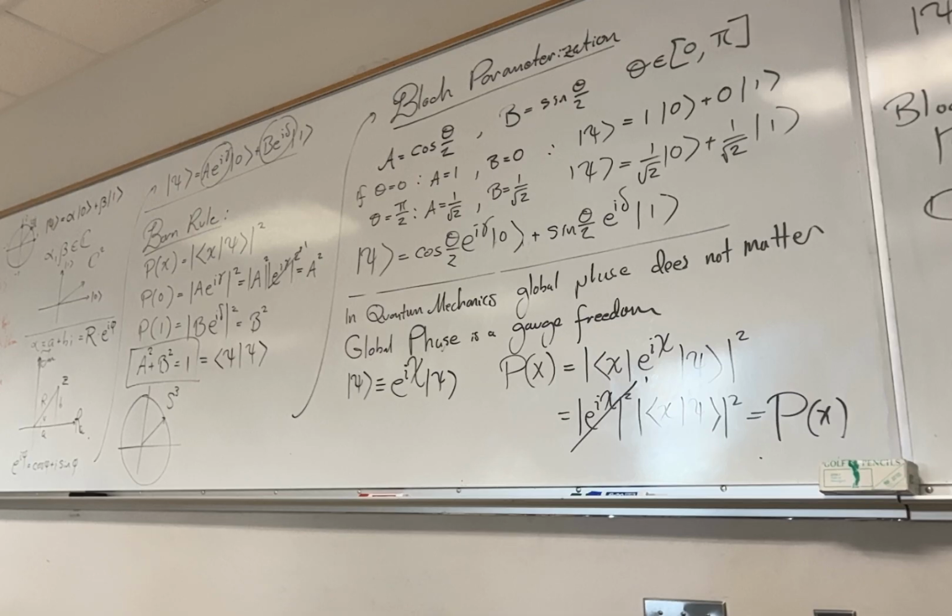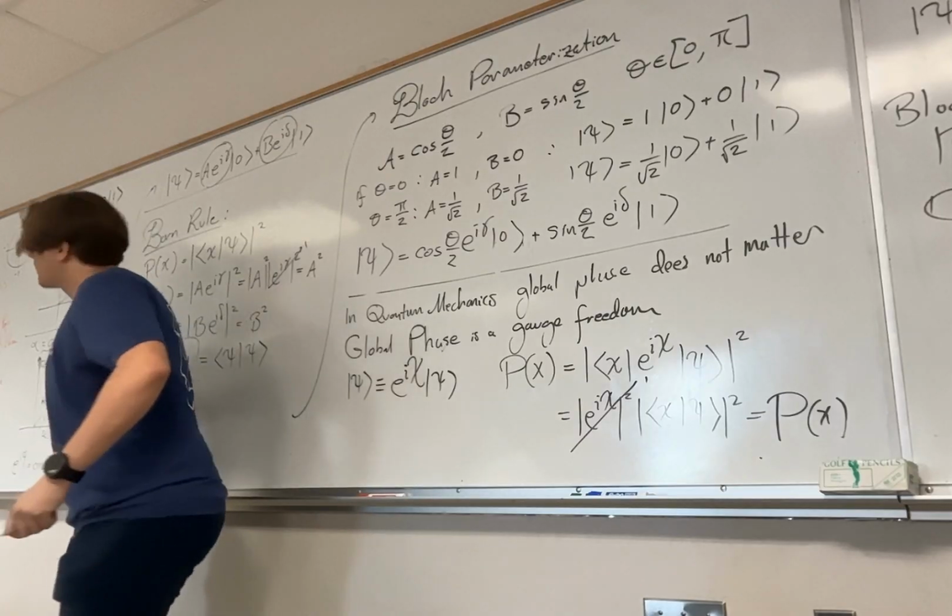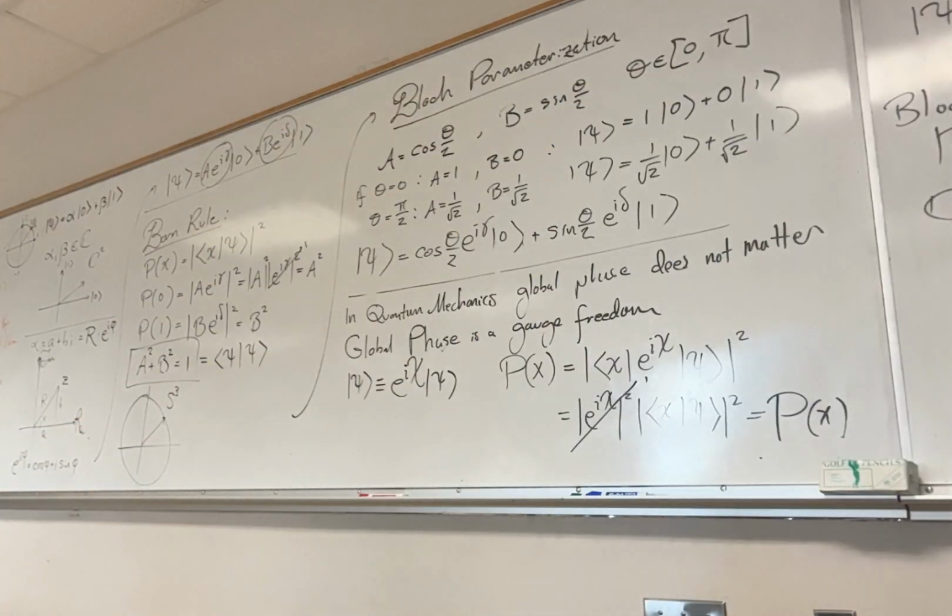I'm going to make this a little table. We're going to have theta, we're going to have phi, and we're going to have what state you get. Does that make sense? So if theta equals 0, what state did we get? The 0 state, right?